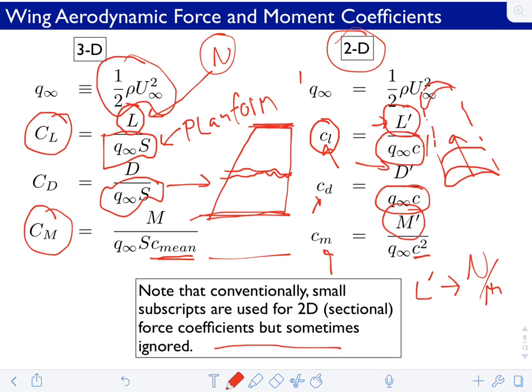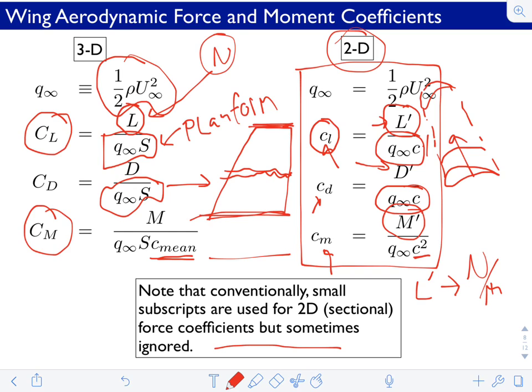Anything we'll see in XFOIL is being reported this way. XFOIL is a 2D code. It looks at sectional things. It's reporting this column right here. And what we'll come to see when we get into 3D wings is that 3D wings are made of foils, and each of the foils might have a given lift coefficient. But what's the lift coefficient of the whole wing together? Is it the same as the lift coefficient of a section?